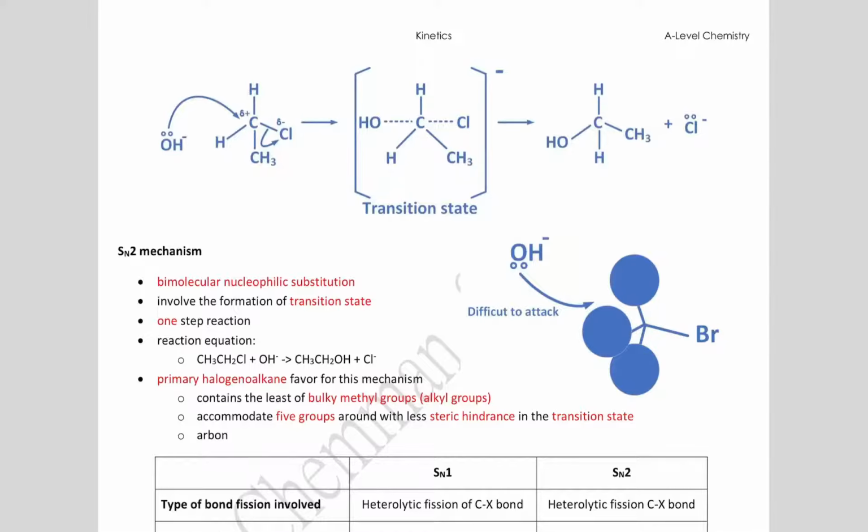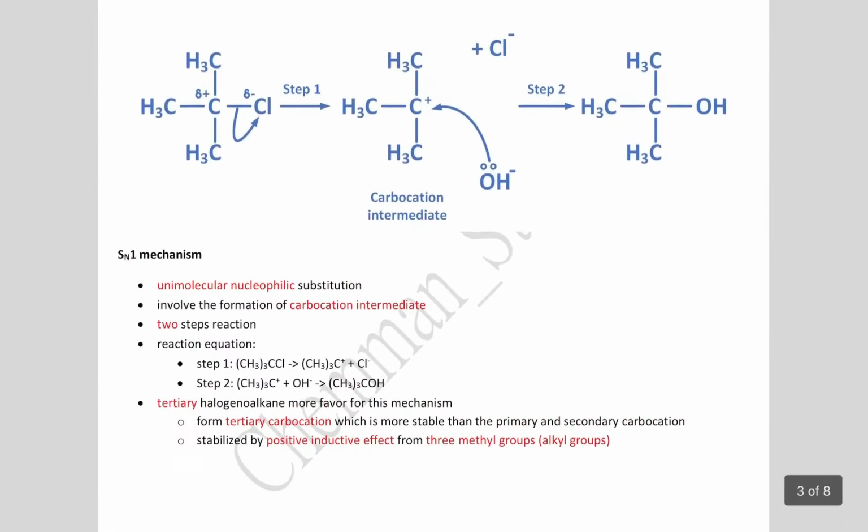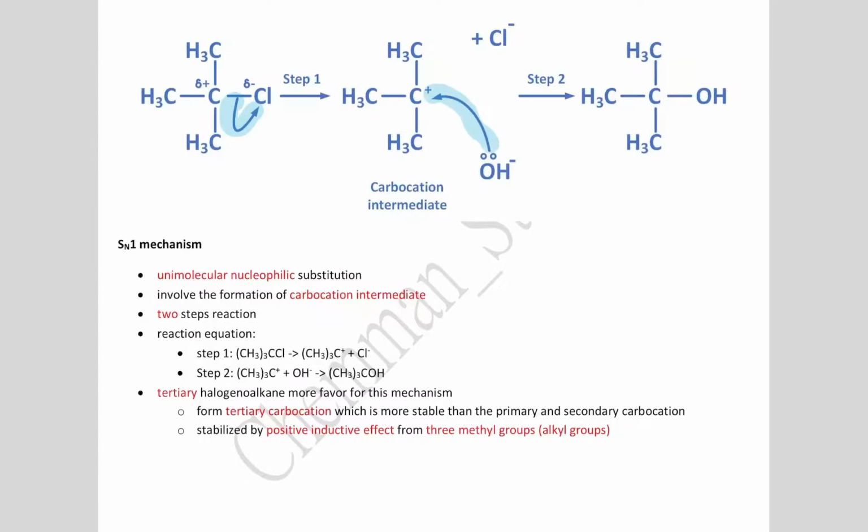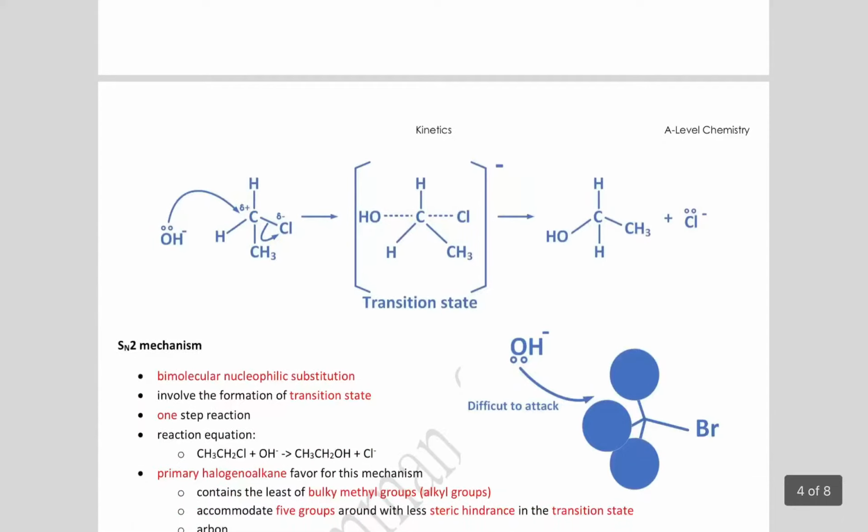It's when the compound is a tertiary halogenoalkane, then the mechanism is totally different. And they will be called SN1 and SN2. But no matter how you draw the mechanism, they're similar in one direction, which is the arrow here. You always have to draw the arrow for this one and also this one.